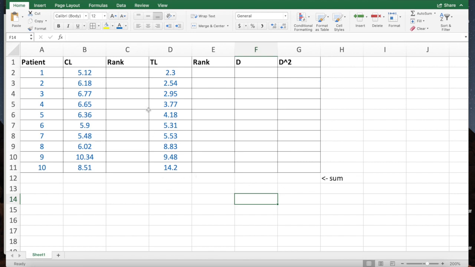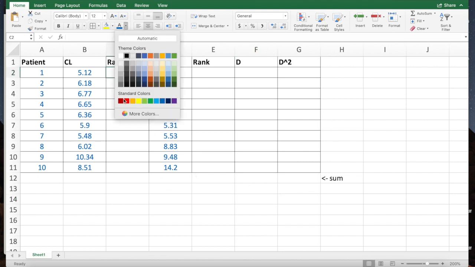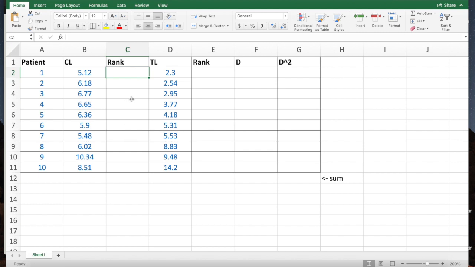All right, so the first thing we need to do is rank these from 1 to 10, 1 being the largest and 10 being the smallest. So let's go through.